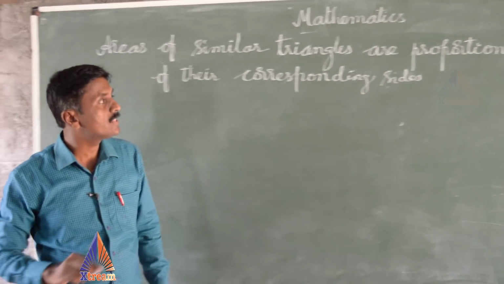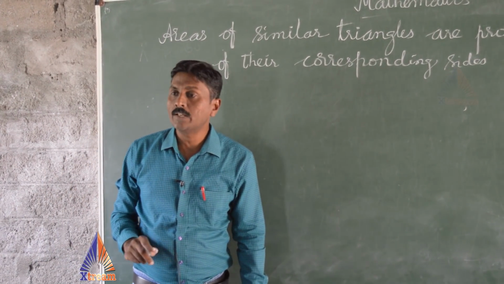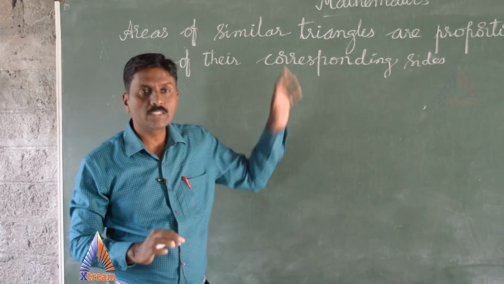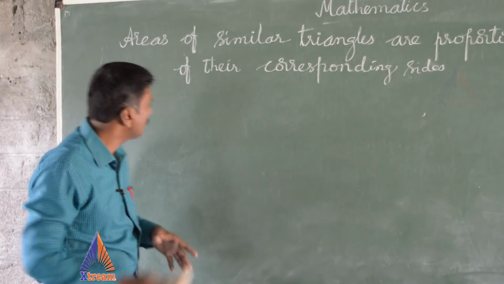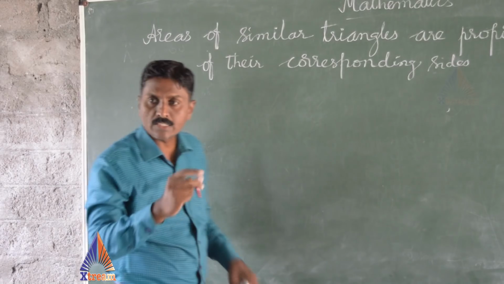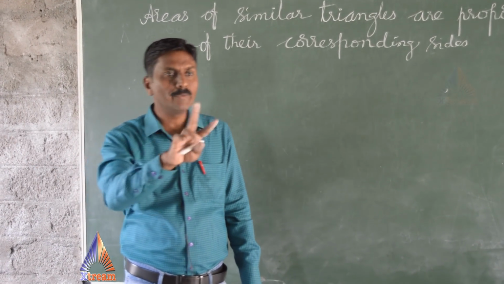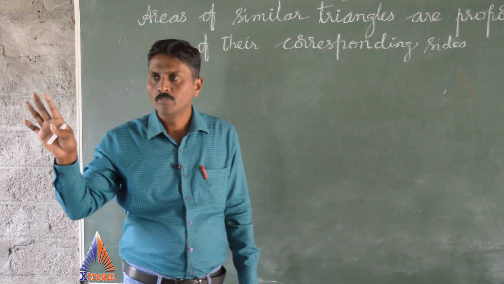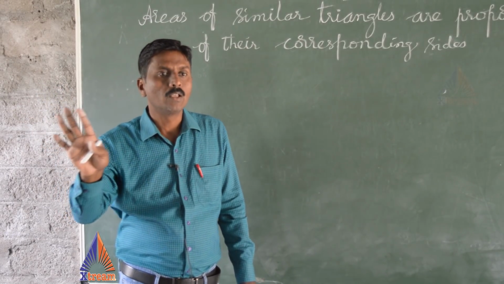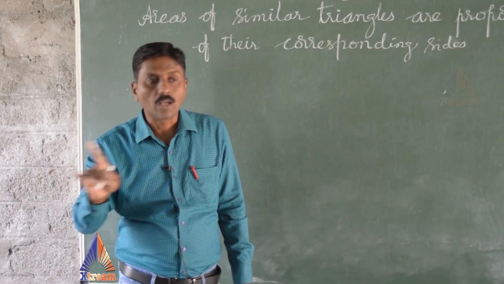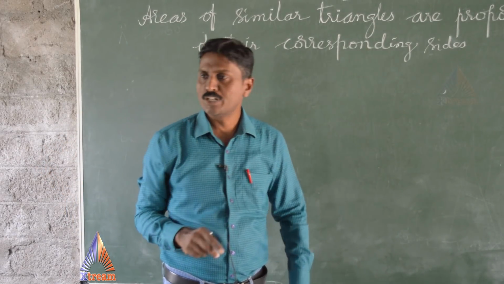Areas of similar triangles are proportional to the square of their corresponding sides. Now I am going to prove this theorem. Firstly, let us consider two similar triangles. All of you got the meaning of similar triangles: in two triangles, if corresponding angles are equal or corresponding sides are proportional.